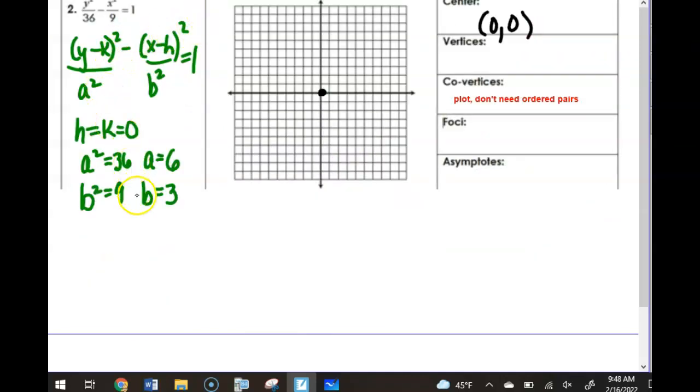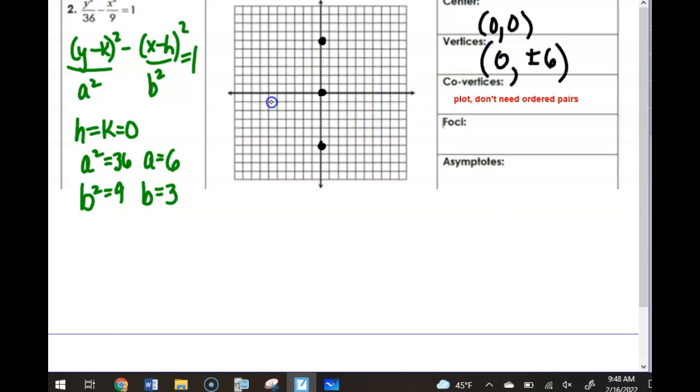So the 6, that's the A, is underneath the y, so it's 6 units up and 6 units down. Now, that is actually going to be the vertices because this one is going to open up and down. So we have across 0 and up or down 6.